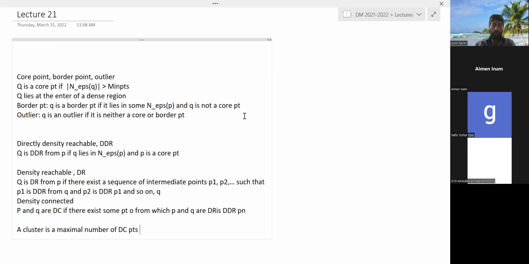And within that, of course, you have the notion of core points, border points, and outliers. Okay, any questions?